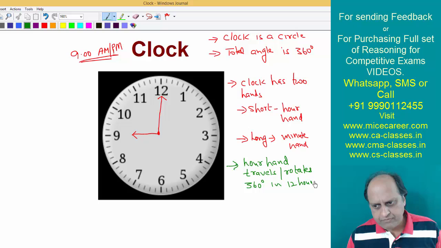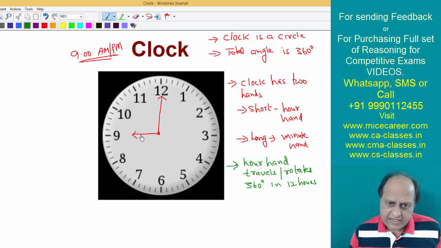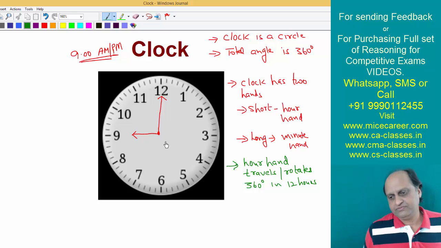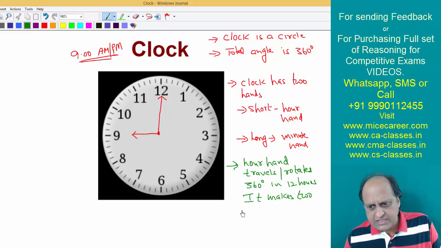You know, for this hour hand to rotate 360 degree, the entire clock, it will take 12 hours. It makes 2 rotations every day, that is in 24 hours.